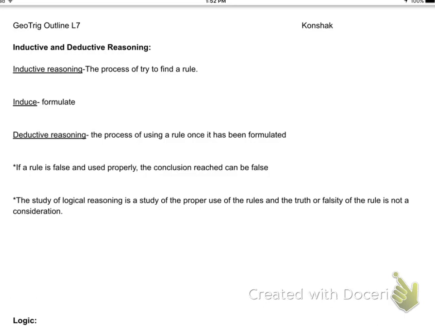The study of logical reasoning is a study of the proper use of its rules, and the truth or falsity of the rule is not a consideration. This is big, guys. If I said the rule states all pigs fly.